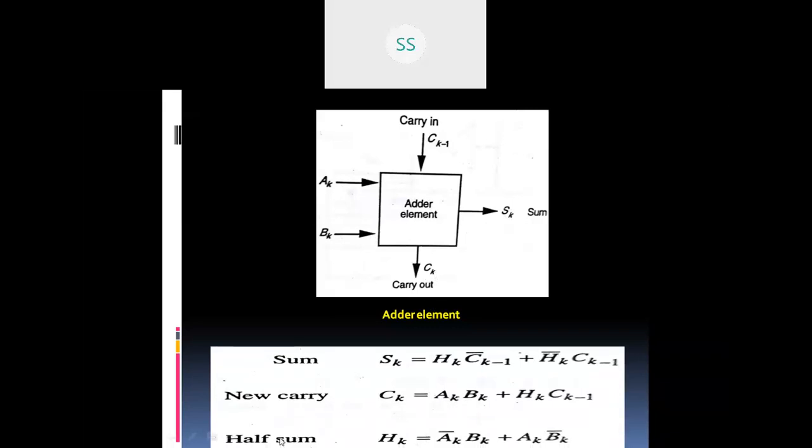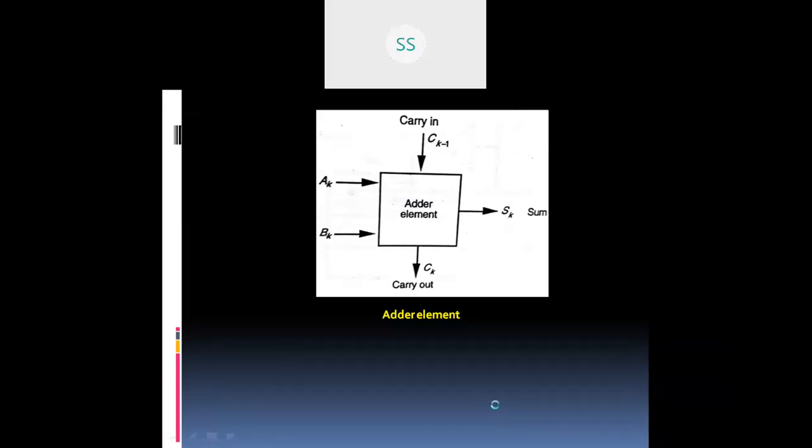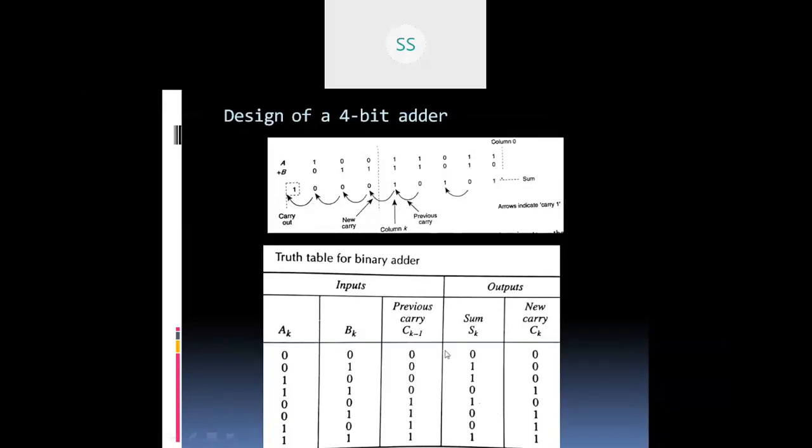So first we are writing the half sum value. Half sum, HK, is written by referring to the previous binary adder truth table. HK is AK bar BK or AK BK bar, without considering any carry terms.